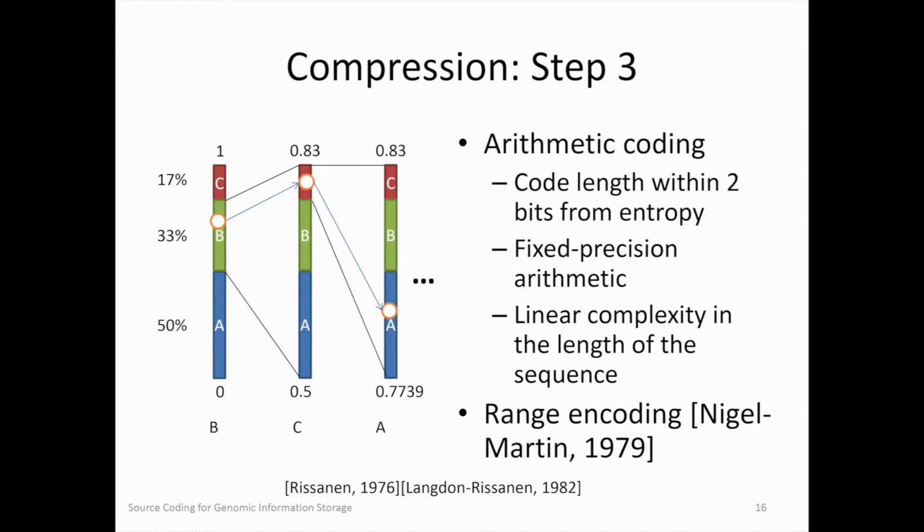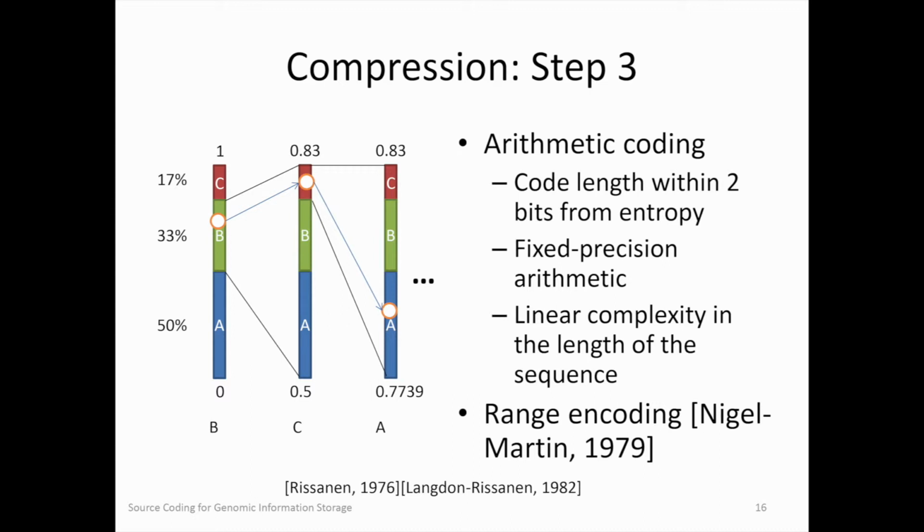Now suppose a decoder knows the probabilities, and also knows this last dot in the blue region. Then it can trace back according to this graph and know that the sequence is B, C, and A. So basically, arithmetic coding is another kind of different radix when you try to represent a number.